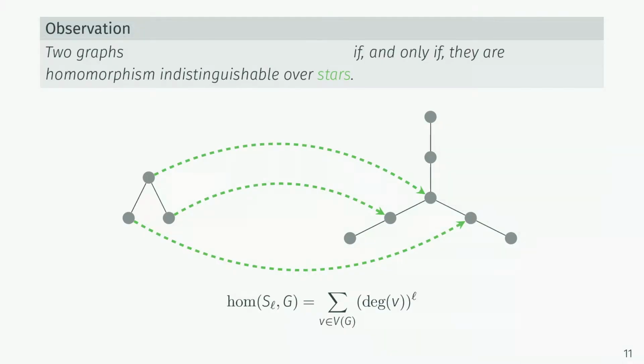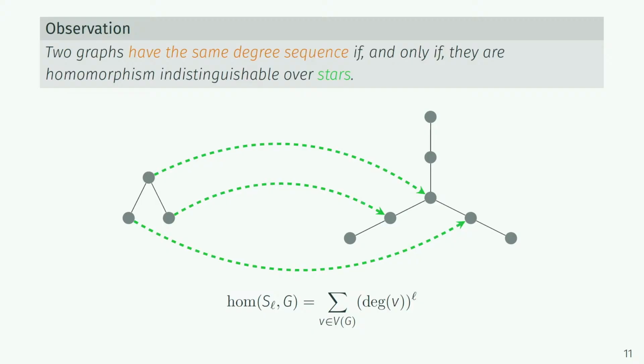And now if you have access to this property for arbitrarily large L, you actually have access to this multiset of degrees. So two graphs have the same degree sequence if and only if they are homomorphism indistinguishable over all stars. Okay, so these are the three theorems that I'll prove in full detail.